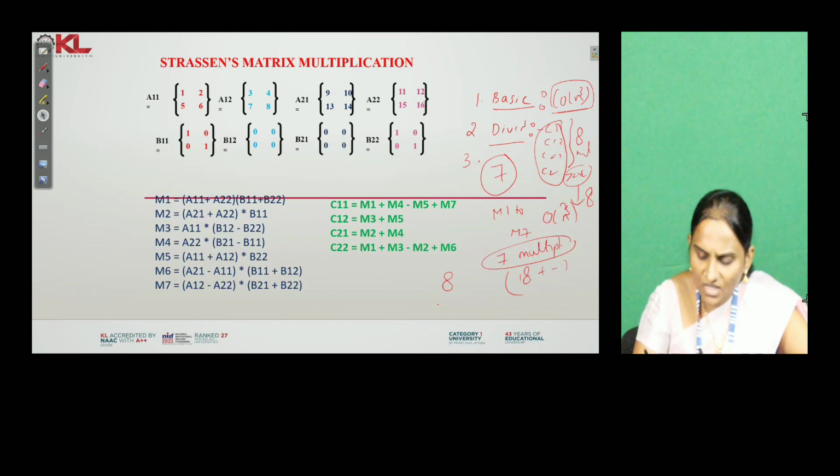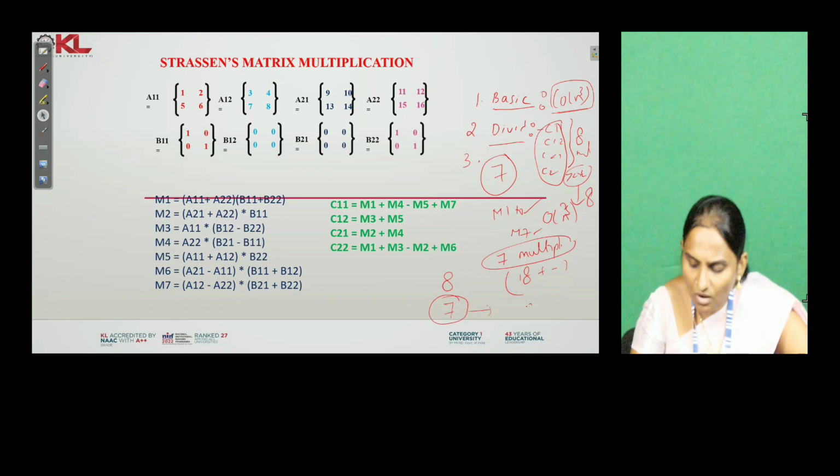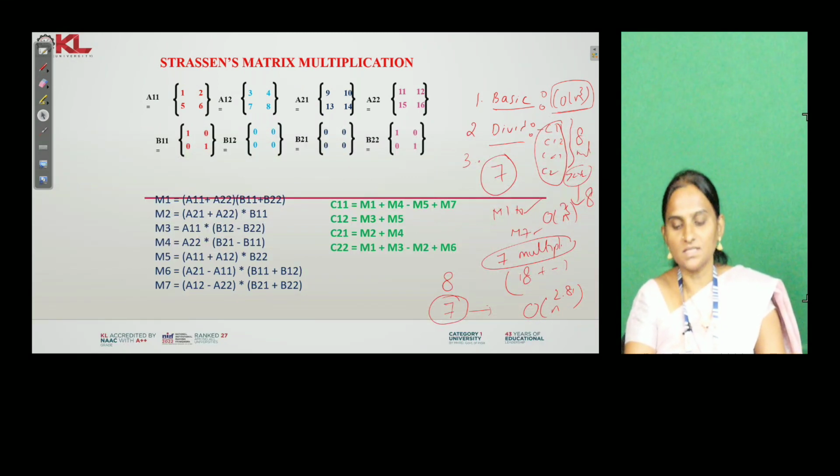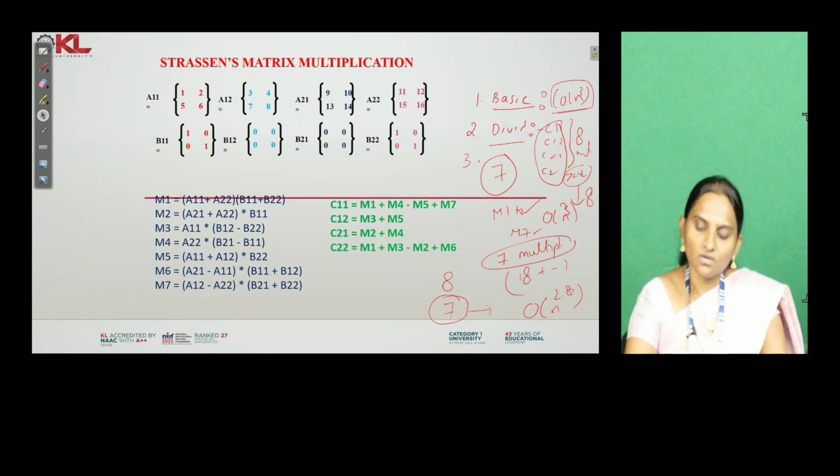Strassen has reduced it to 7 multiplication operators by finding the new formulas M1 to M7, so that the time complexity is also reduced to order of n power 2.81.